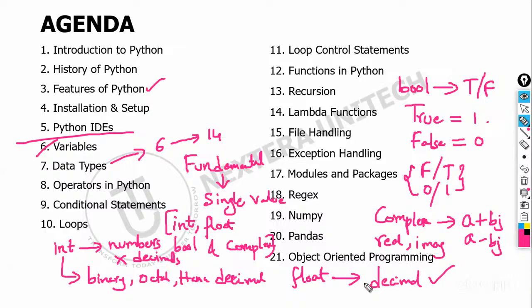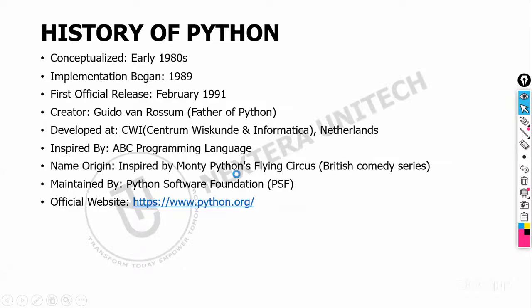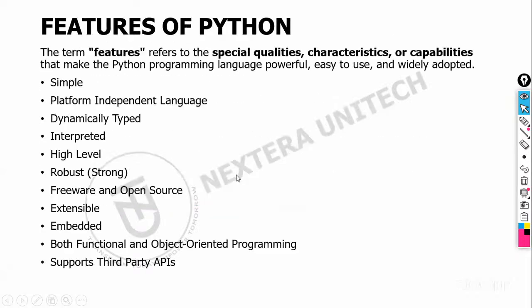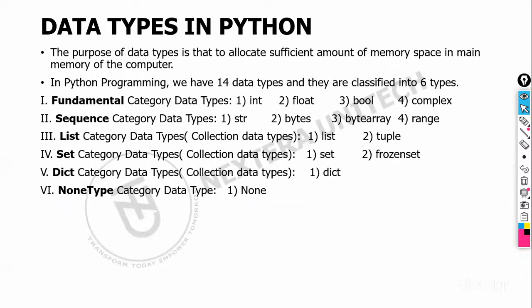So we are also done with the hands-on, and I assume that the task given as part of yesterday's session was completed. So today, let us start a new topic. It is the next type under data types: sequence category data types.